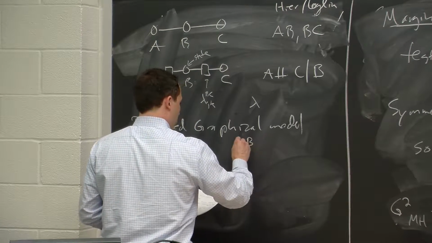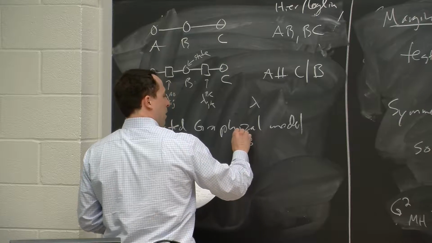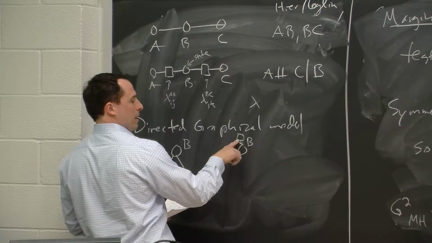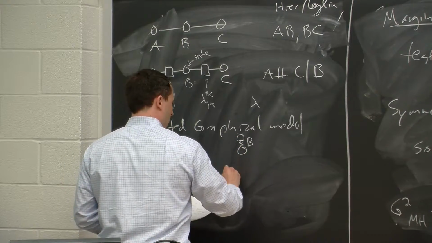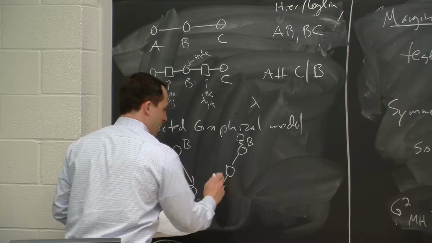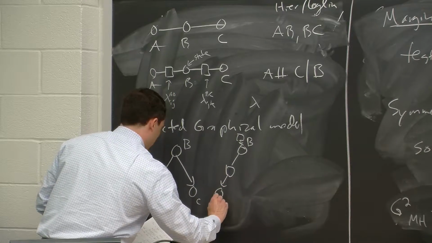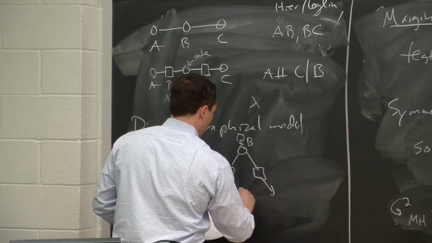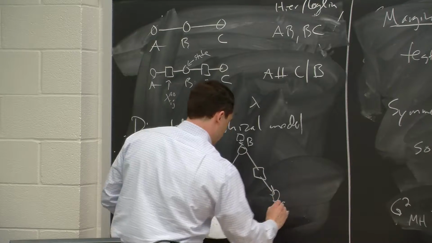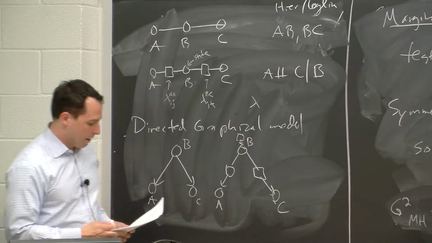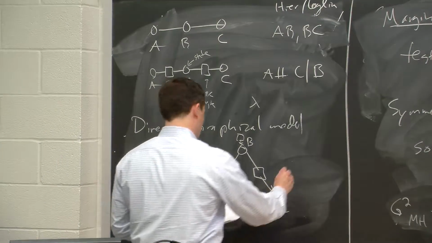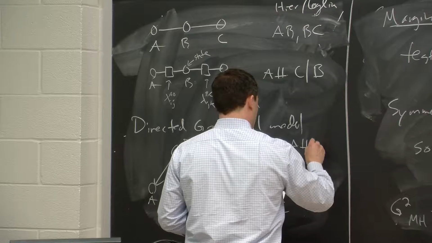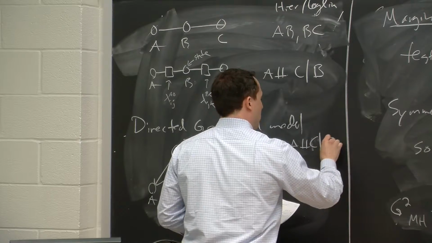You could think about there being a factor up here that represents the root distribution on B, and then we have transition matrices from B to A, and from B to C. And this one also satisfies A independent of C given B.